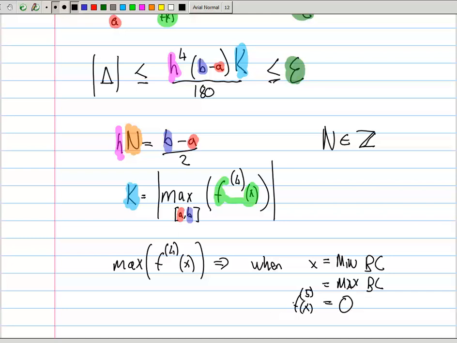And this last one is the first derivative test, if you remember it from your calculus.